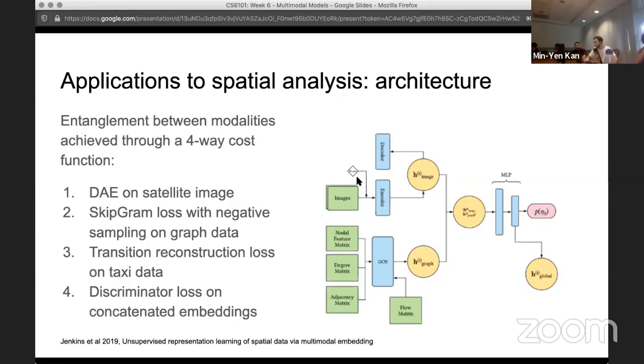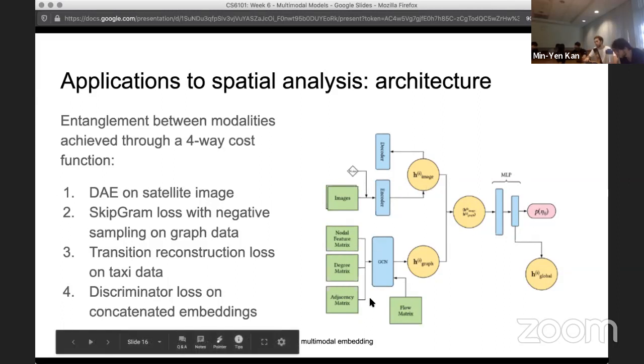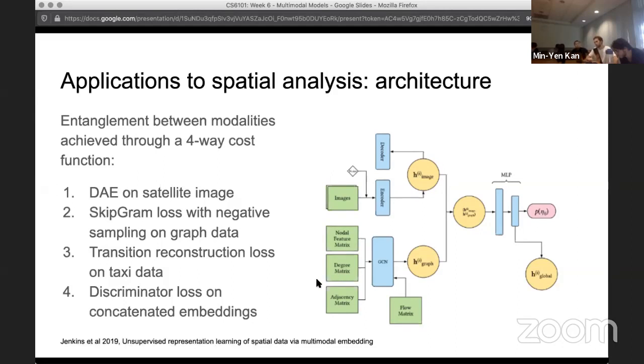But in this case, they start with the satellite image here on top, and they encode it using a denoising autoencoder, and then they get a representation for the satellite image. And then for all the other data, they construct a graph where each region is a node, and regions are connected to each other through the traffic data, like taxi traffic data.